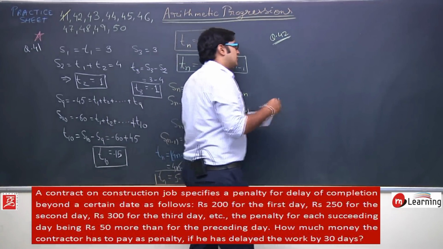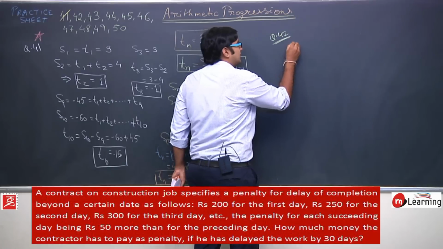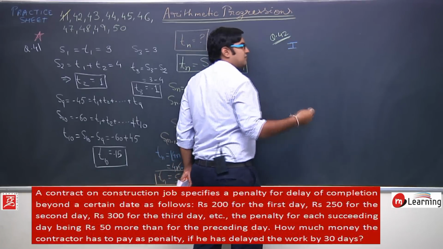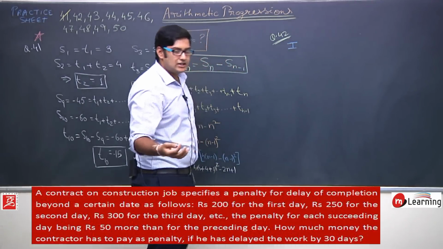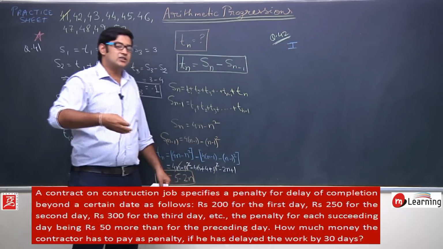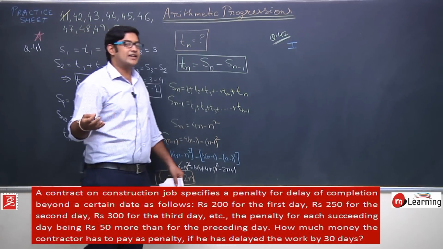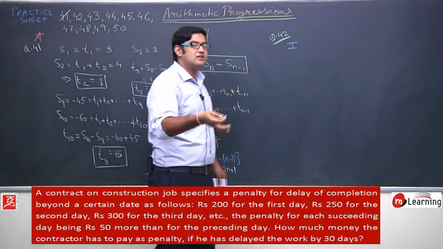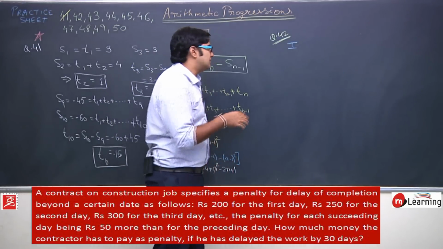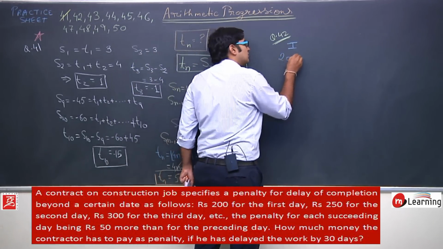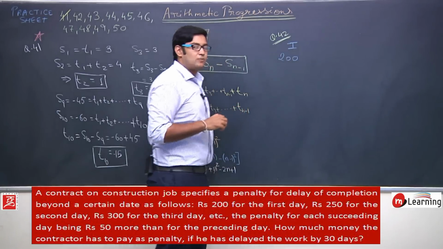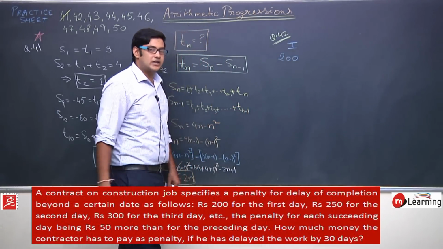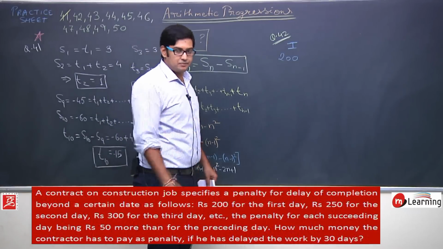So if the construction is delayed for one day, that is, let us say the 1st of January was the last day for the construction and the contractor stretches the work till 2nd of January, and completes the work on 2nd of January, he will be fined rupees 200 because he delayed the work for one day.